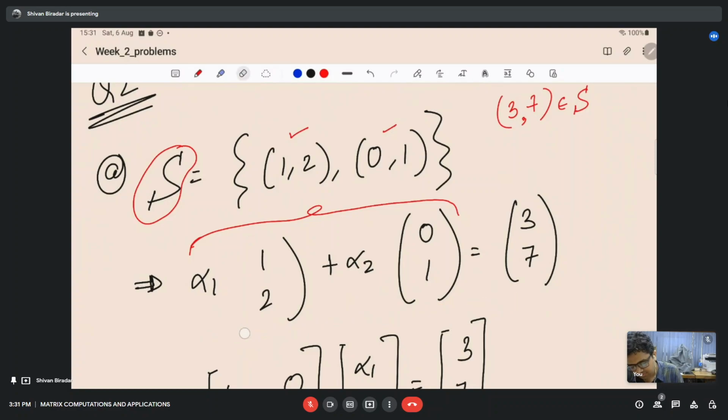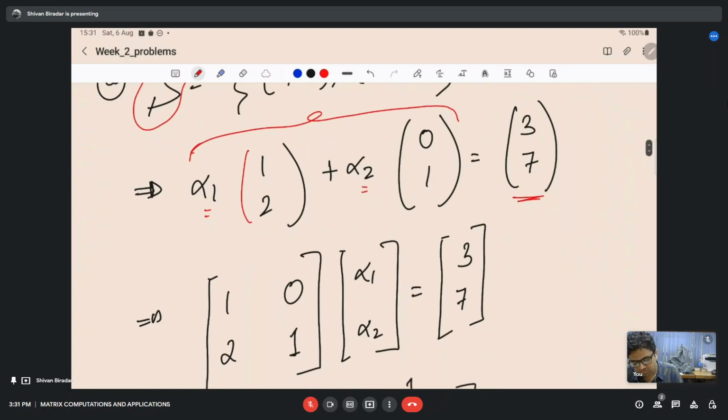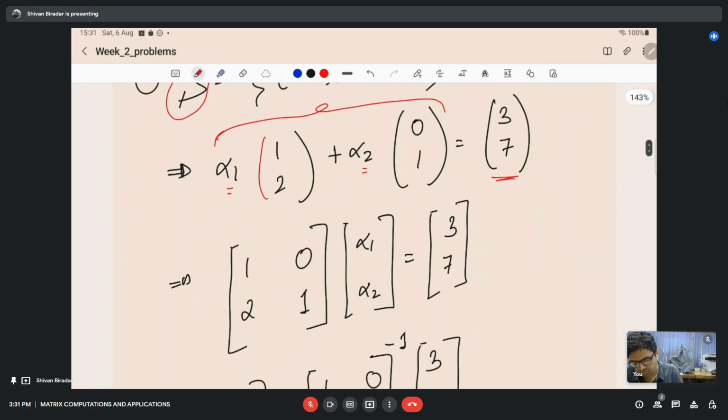So does there exist an alpha 1 and alpha 2 which gives us this one? The simple answer here would be to arrange these two vectors in a matrix, and arrange these two constants as a vector alpha 1 and alpha 2.